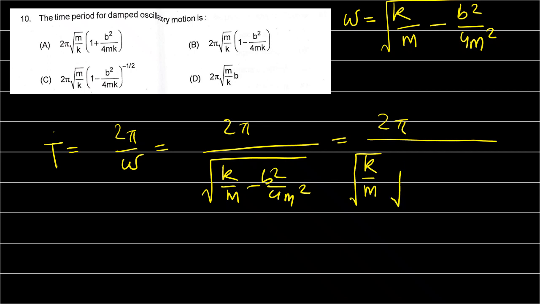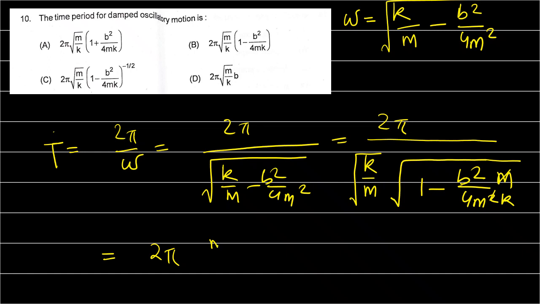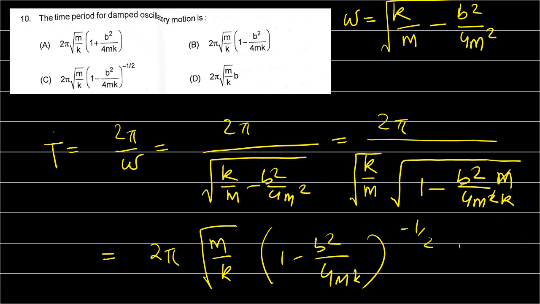Now our square root becomes 1 minus b square by 4m square into m by k. So this cancels out. If you solve this, you can get this expression, which matches with option C.